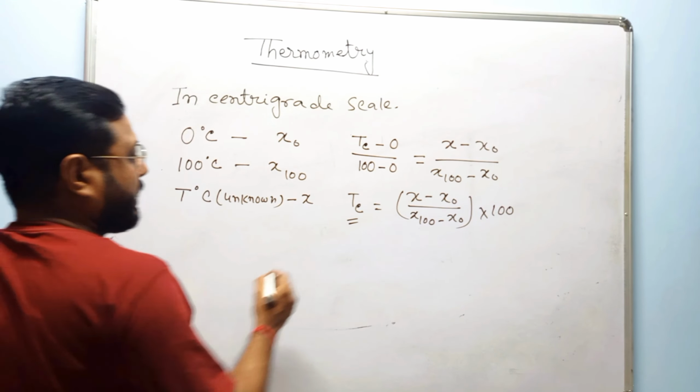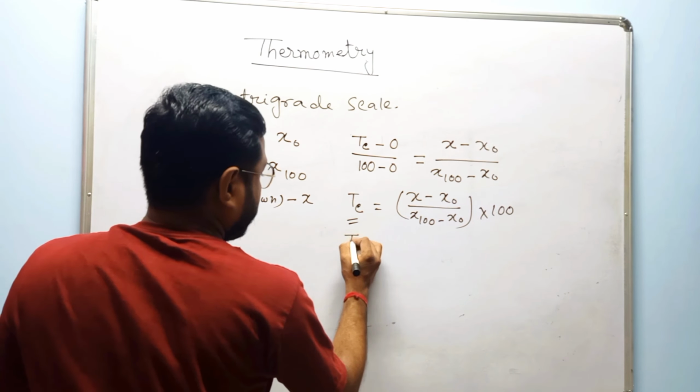For the Kelvin scale, if 0 Kelvin, in the Kelvin scale degree is not written, okay, it is only 0 Kelvin.